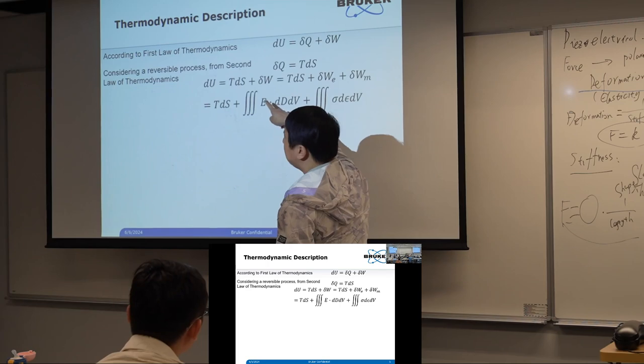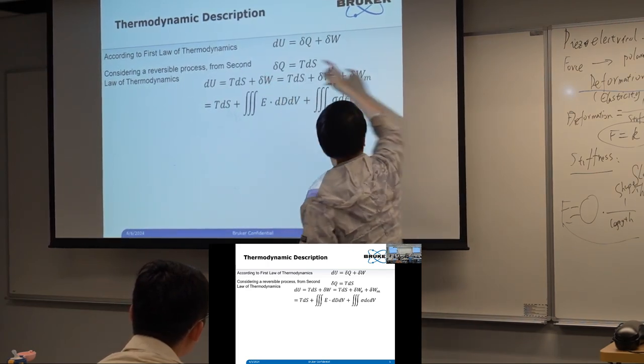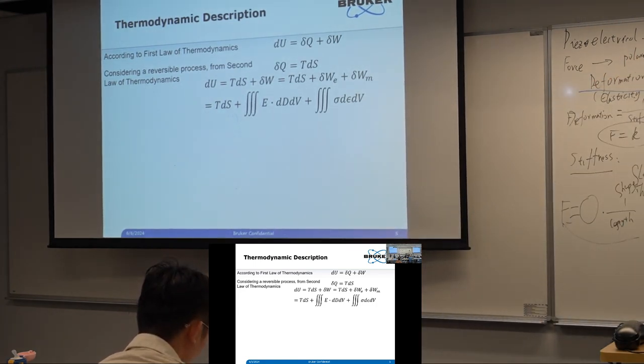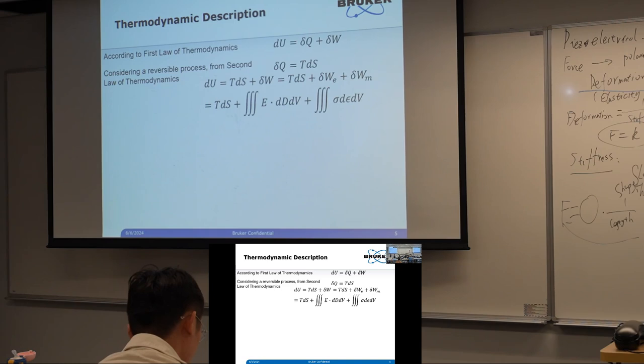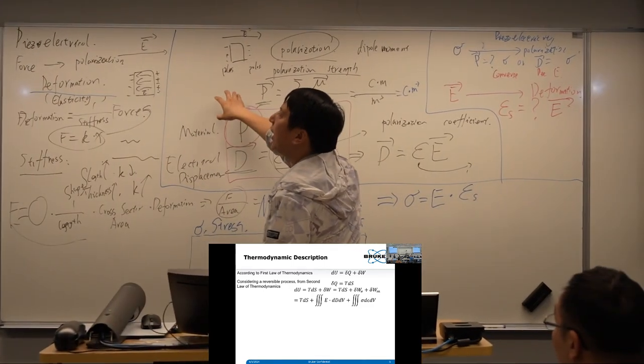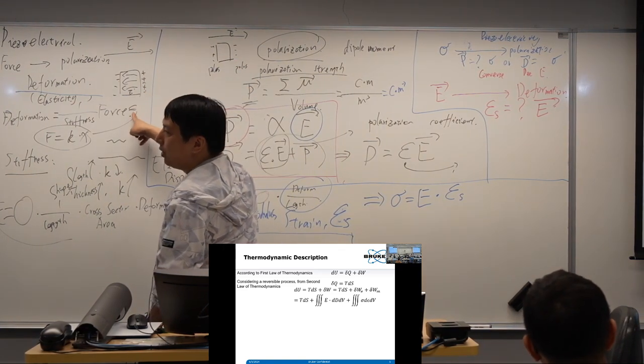And the last thing I would do is about the work. So I want to describe the piezoelectricity. So how many works could I do? First, this is the material, so it has a fixed shape. So I can use the force to change its deformation.